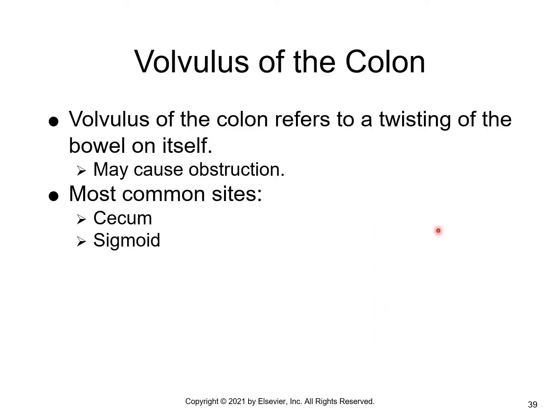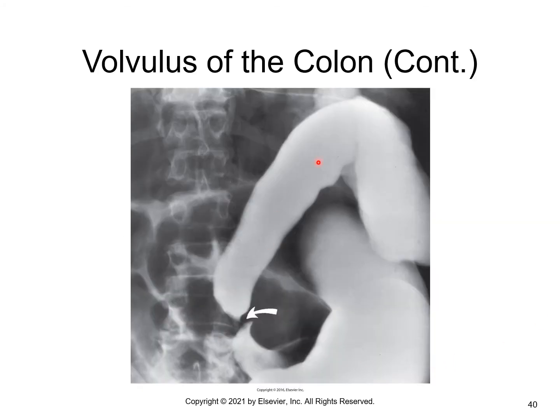Volvulus of the colon, like I just talked about, is when the colon actually twists on itself, and that can cause the obstruction. Most common sites of this are at the cecum or the sigmoid, and again, this can cause that cecum especially to become elevated at the patient's left and have that kidney appearance. Here's an example. Sometimes they will call this a beaking sign.